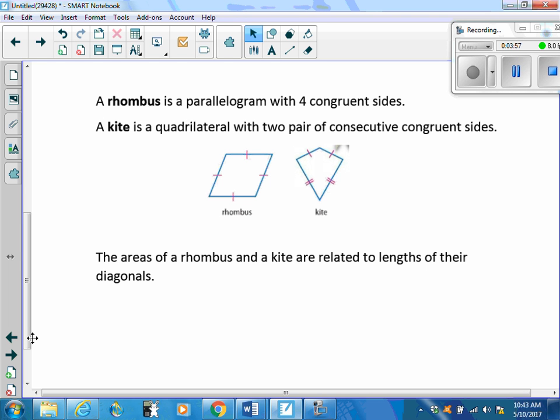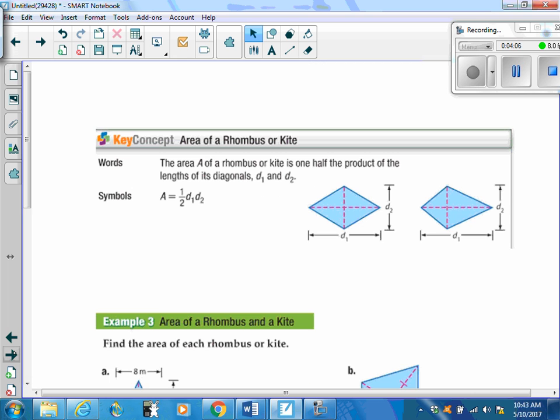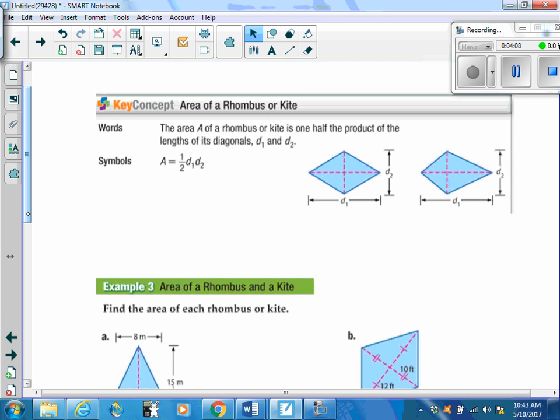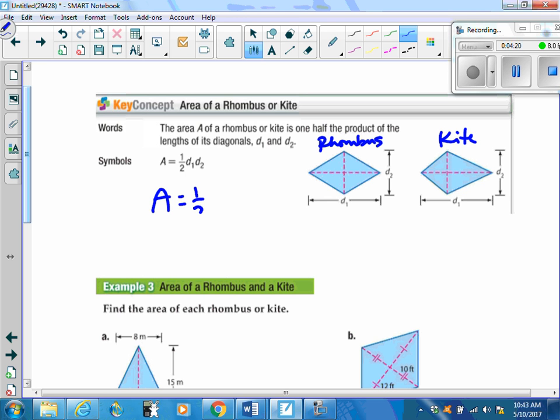we can use the same formula because for both of those the areas are directly related to the lengths of the diagonals. And so our formula for both a kite and a rhombus, so this is my rhombus here, and this is my kite, is the area is 1/2 diagonal 1 times diagonal 2.